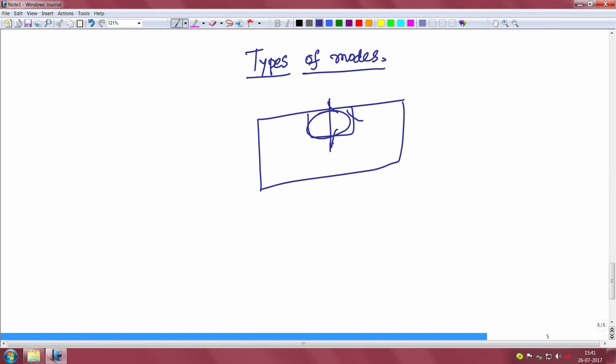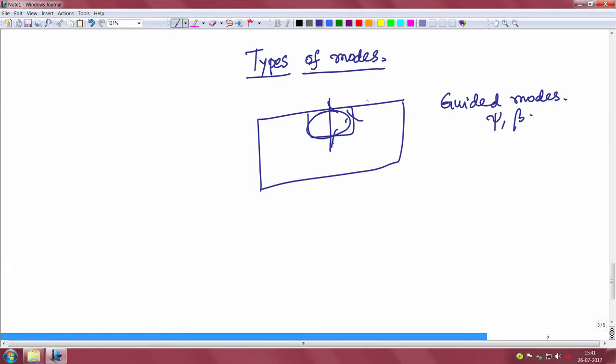So, when the light is confined mostly to the guiding region, these are called guided modes or the waveguide modes, which consist of field in the core region, film region as well as the cladding region. The entire thing constitutes one mode and is characterized by this mode field and the propagation constant.